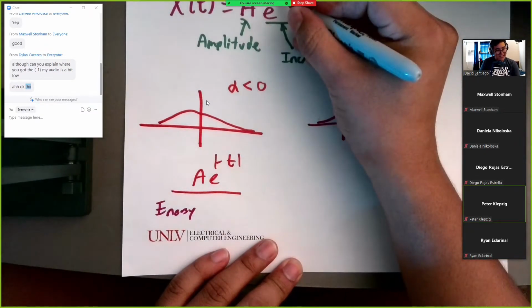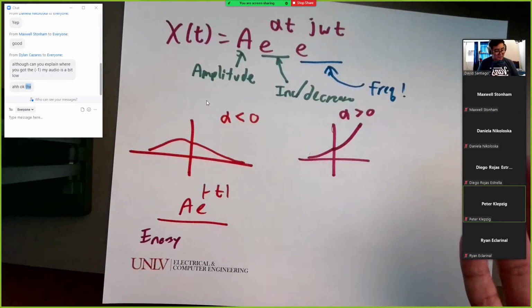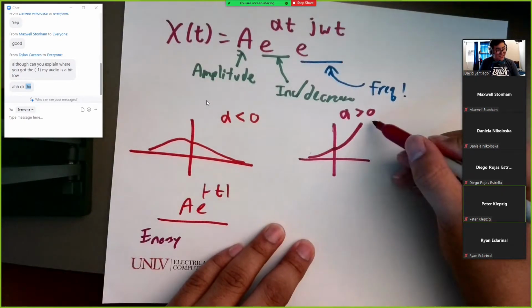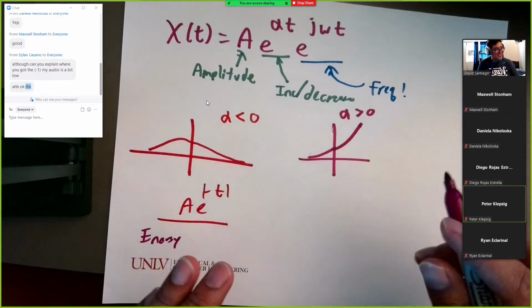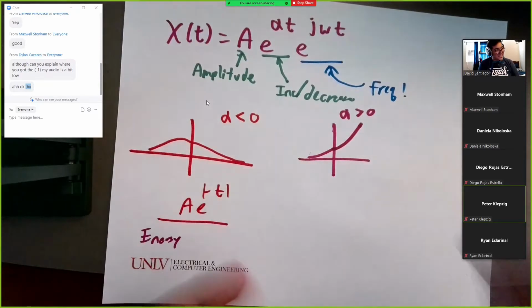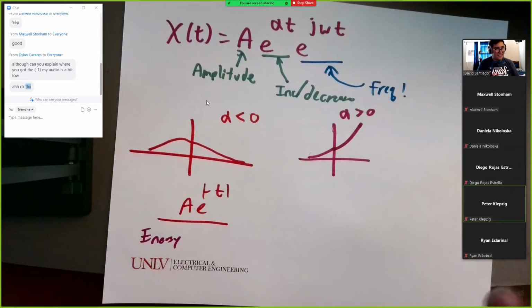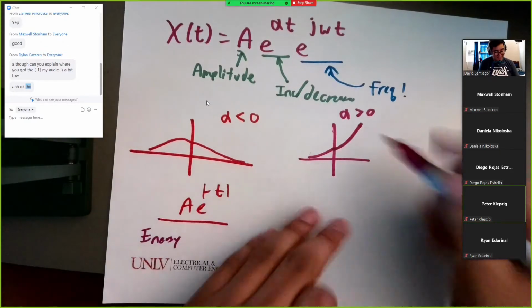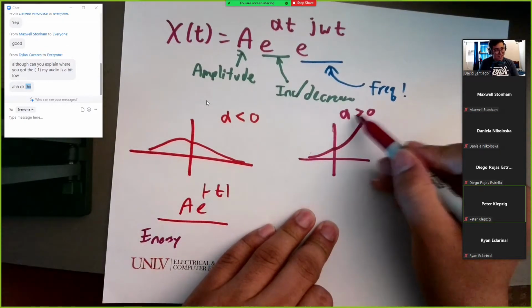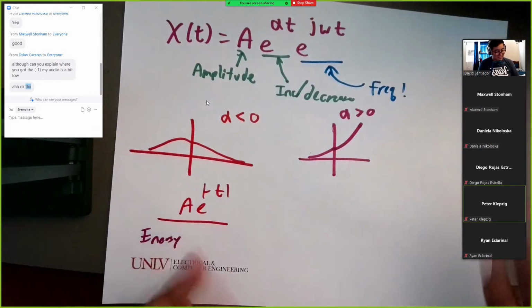If this alpha were 1 or 2 or some positive number, you see it increases. You should probably already know that. As time goes to infinity, this gets bigger. What does that mean? It's neither a power nor an energy signal. So an easy point: if alpha is positive for this signal, it's neither.